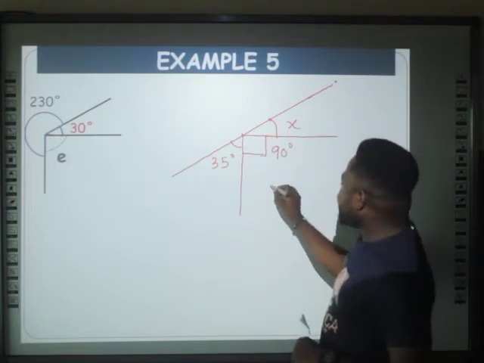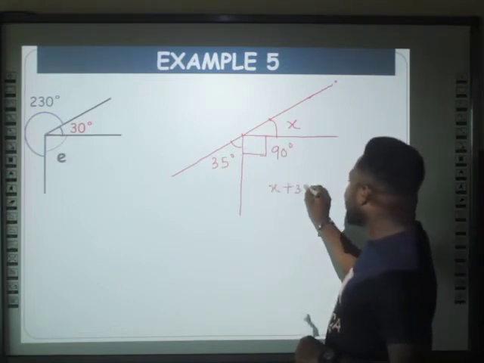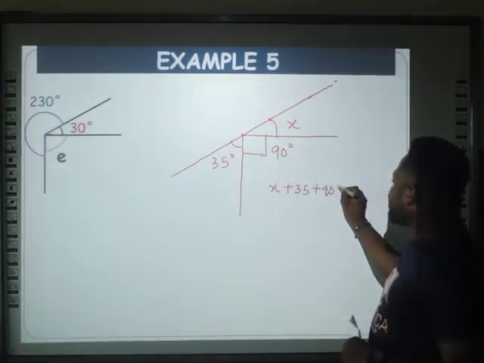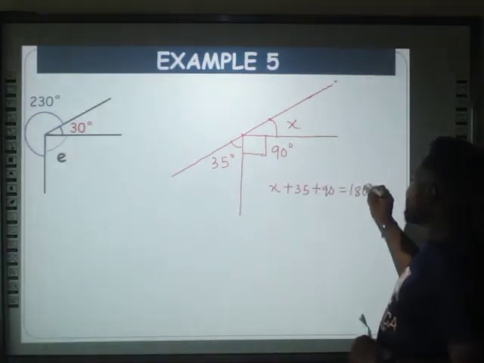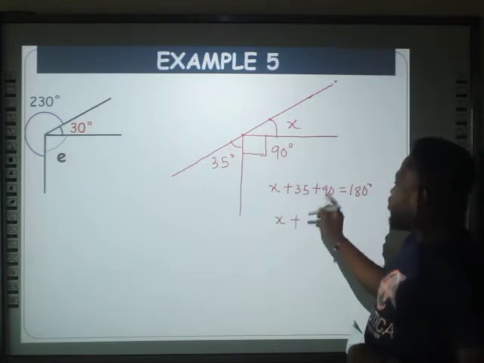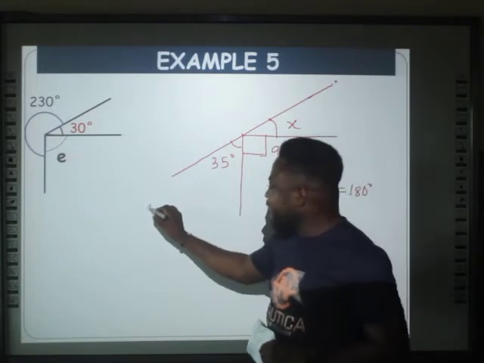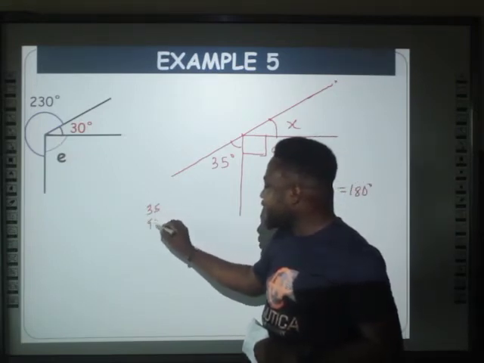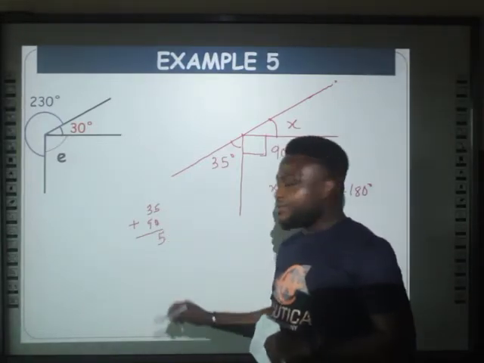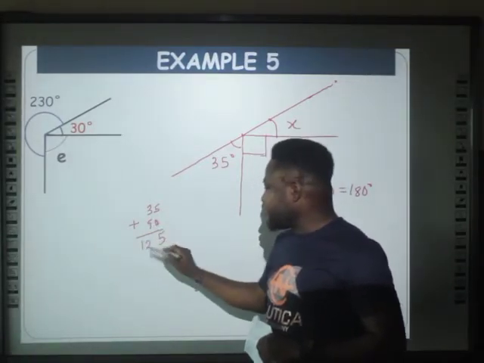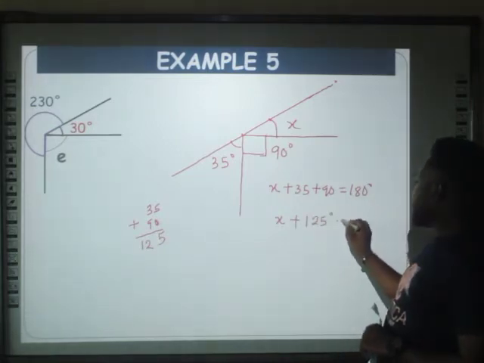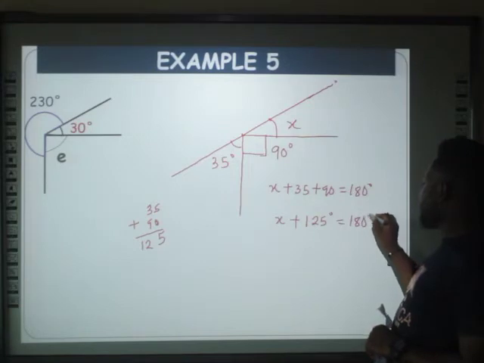So that will give us x plus 35 plus 90, everything must be equal to 180 degrees, right? So x plus 35 plus 90: 5 plus 0 gives 5, 3 plus 9 gives 12. So x plus 125 degrees equals 180 degrees.